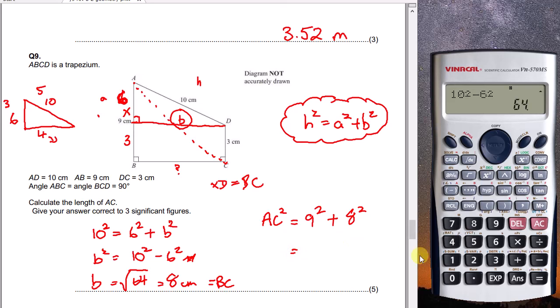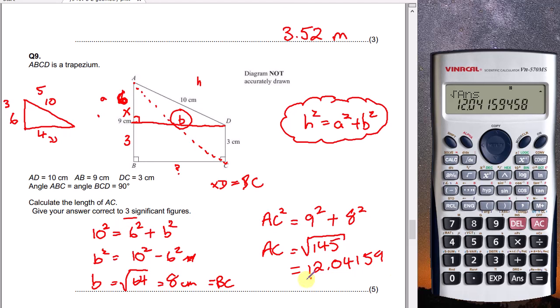So AC squared is 9 squared plus 8 squared, 145. The length AC, I'm going to do the square root of both sides. So I square root that 145. And that gives me 12.04159. Again, 3 significant figures.